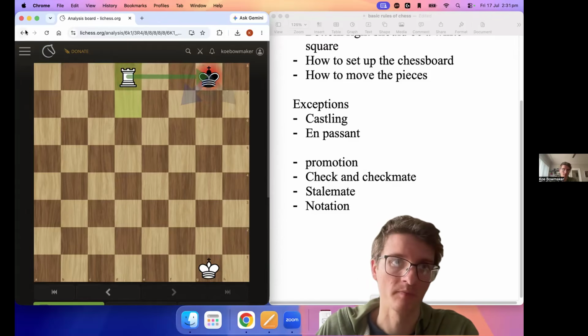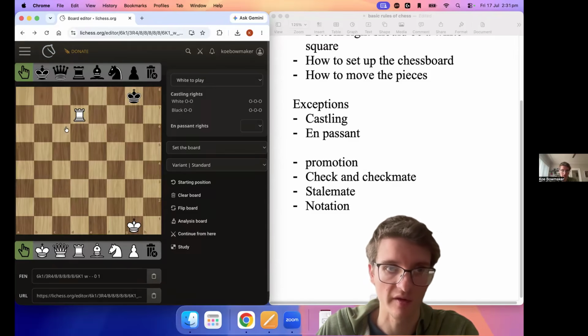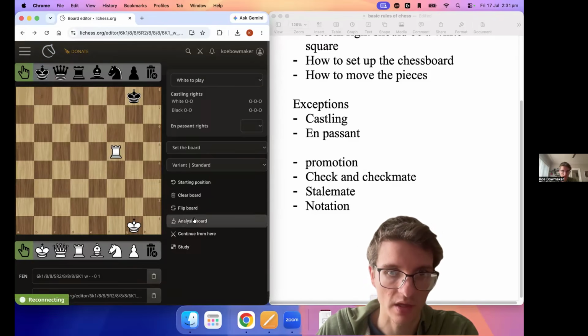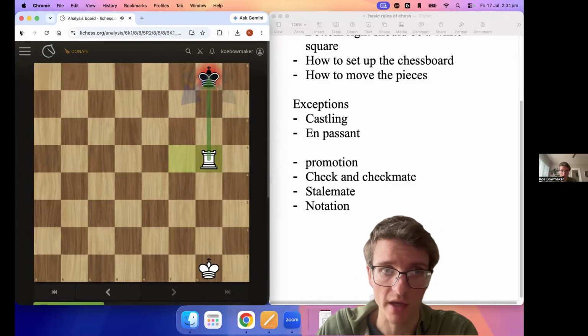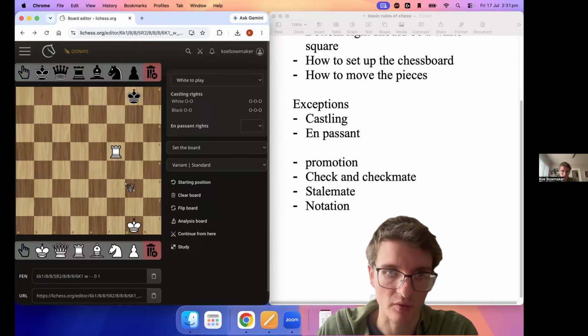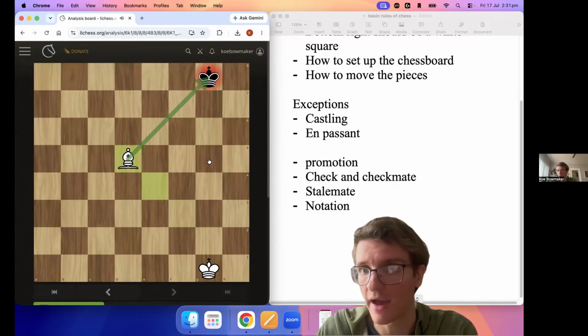But as I said, anytime a piece is aligned with your king and nothing is blocking the path, that's what we call check. So with a rook, in this circumstance, it is horizontal. If we put the rook here, it would be a vertical check. If we get rid of the rook and we put a bishop here, that is a diagonal check.